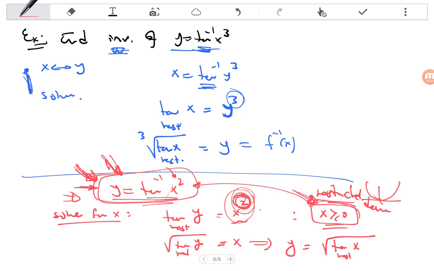But I have managed to restrict the domain so that it has an inverse. So this function with that imposed domain is a one-to-one function, and it is invertible, and in this case the inverse will be in this form.